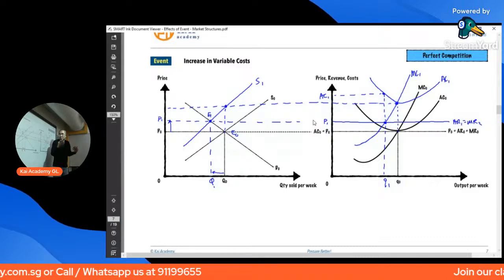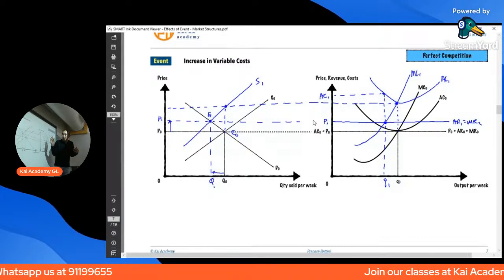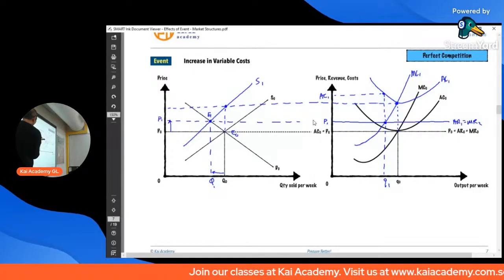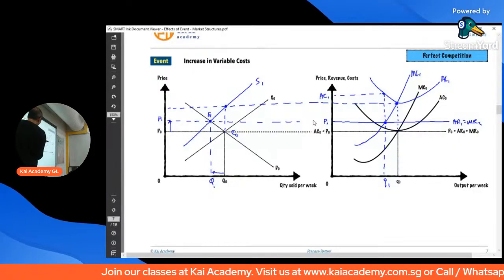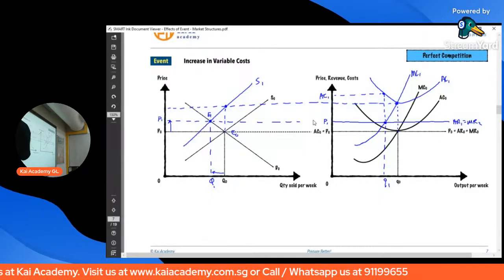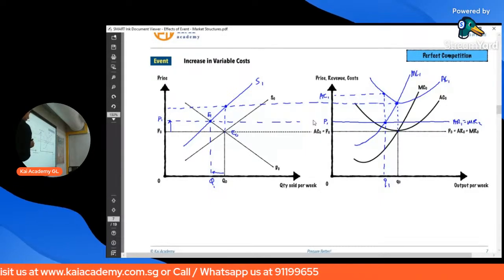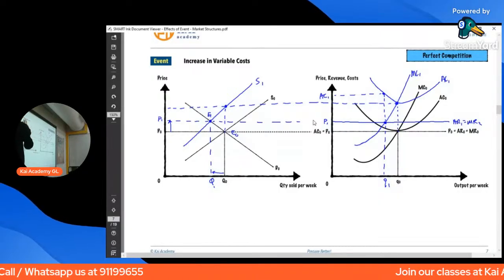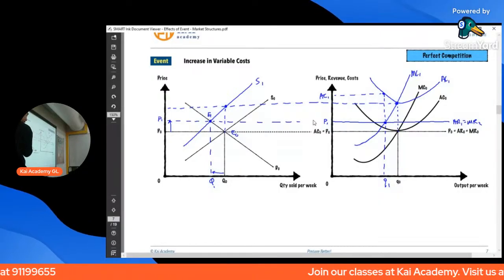As they start to shut down, the number of firms in the industry will start to decrease, right? As the number of firms in the industry decreases, then what happens? The market supply will continue to shift left as the number of firms gets less and less, until eventually every firm earns normal profit, right?